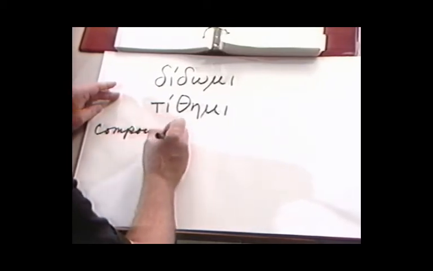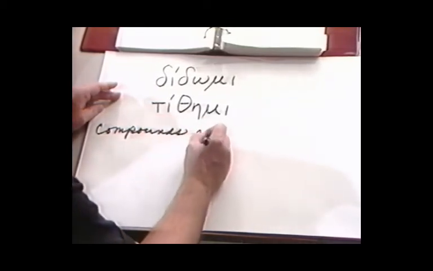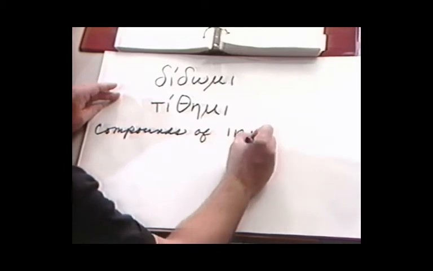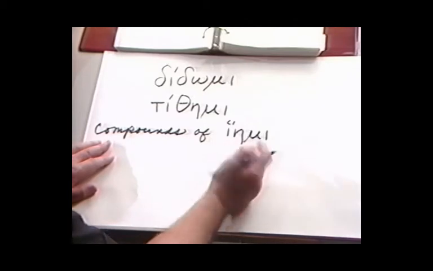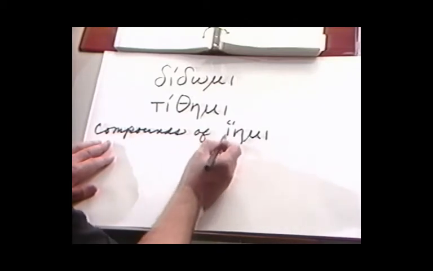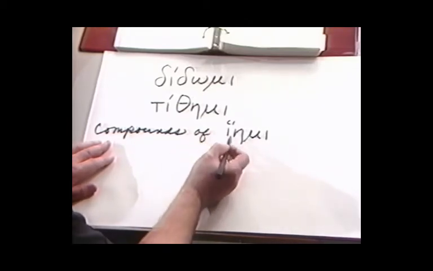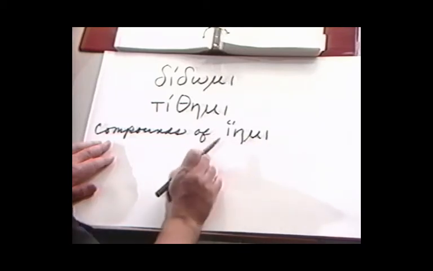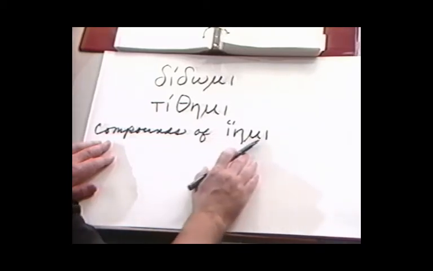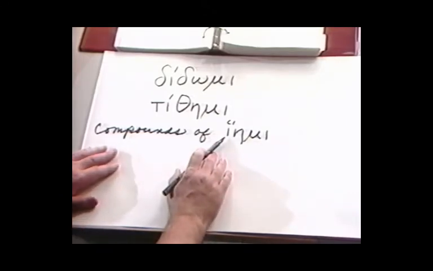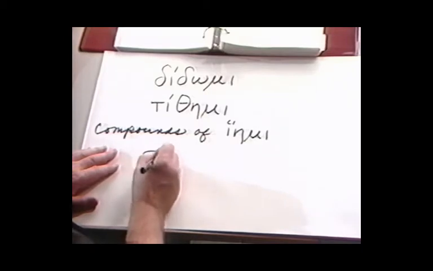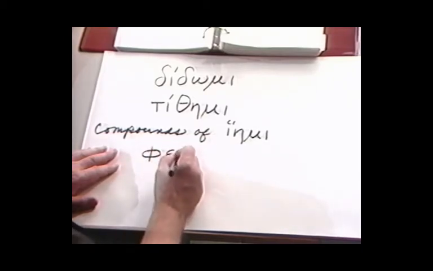Compounds of the verb hiemi. When I say a compound of a verb, I mean there will be a prepositional prefix attached to this verb. This verb never occurs all by itself in the New Testament. It always has a prepositional prefix attached to it. And then the fourth verb is phero.